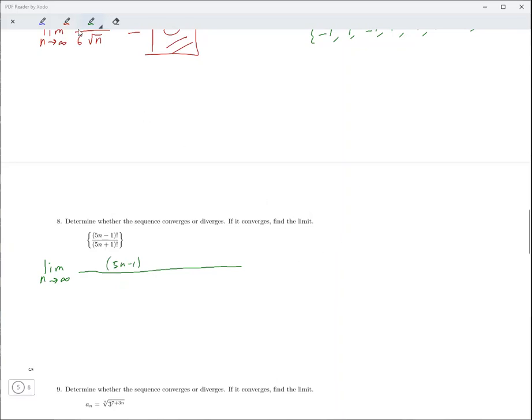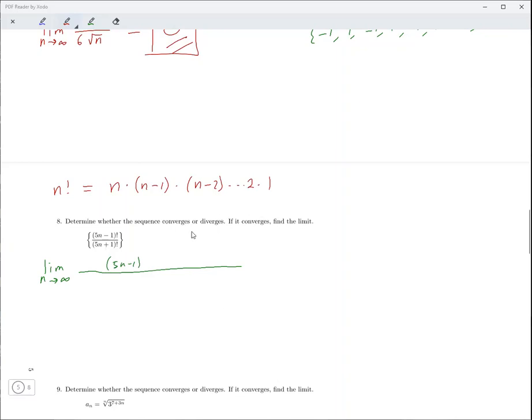Okay, so now let me just note what factorial means. That means you take n, then you take 1 less than it and multiply it, and then you take 1 less than that and multiply it. And you keep going until you get all the way to 2 and then 1.